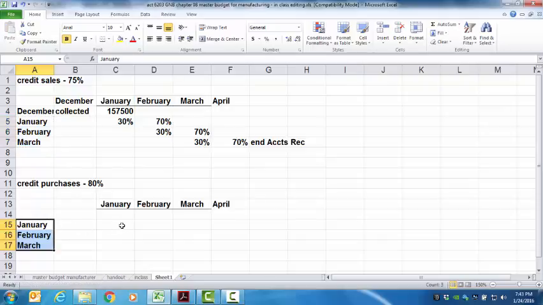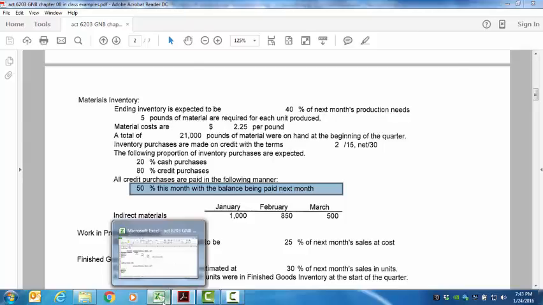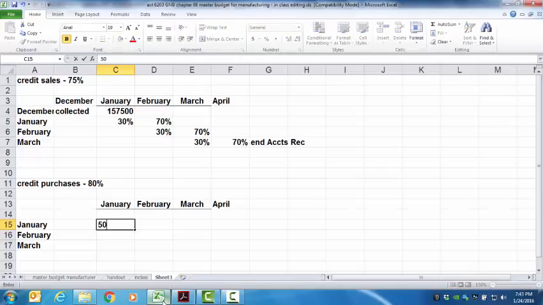So here's what we know to be true. If you buy anything on credit, we said 50% or half is paid this month with the balance due next month. So 50% is here, and the other 50% is in February.